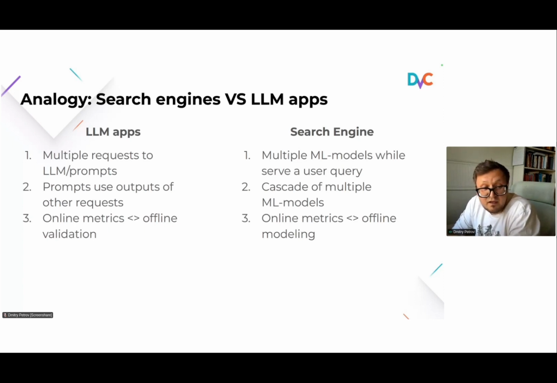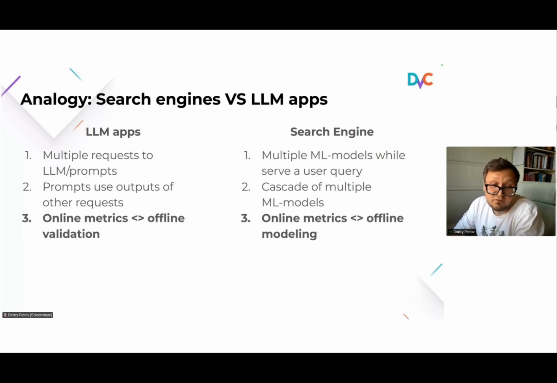And at the end of the day, a good portion of the search engine work is how you validate the result. A lot of work is done on offline modeling and offline evaluation. When I worked for a search engine, we spent the majority of our time on offline validation: how much a model affected our target metrics, what the coverage is for the user base for particular segments, and so on.